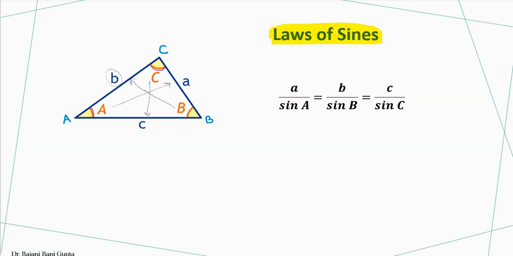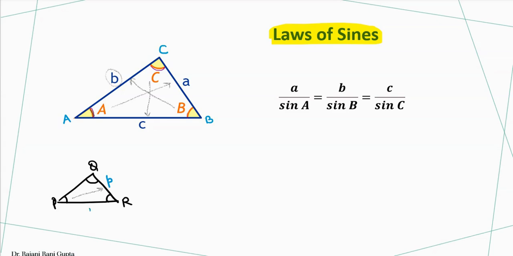So basically, the length of a side we are denoting by the lowercase letter of the angle. For instance, instead of ABC, if you have a triangle, say P, Q, and R. So this is angle P, this is angle R, this is angle Q. Then when we talk about the length of sides, the side opposite to angle P, we call it small p.